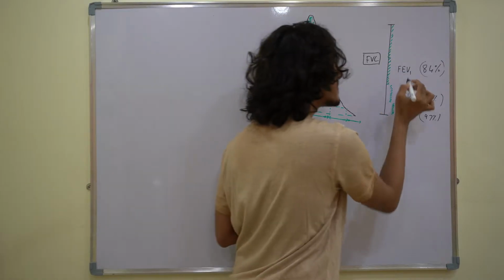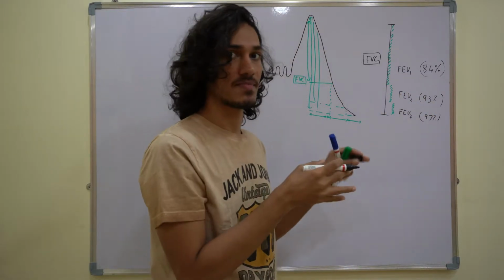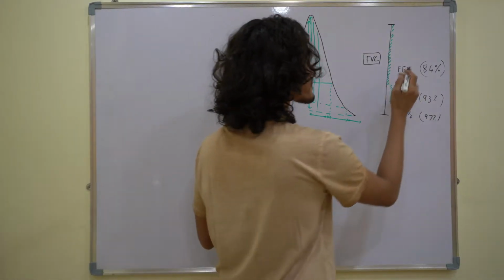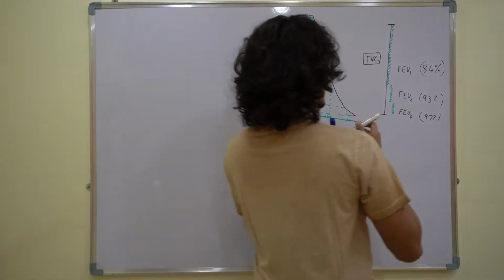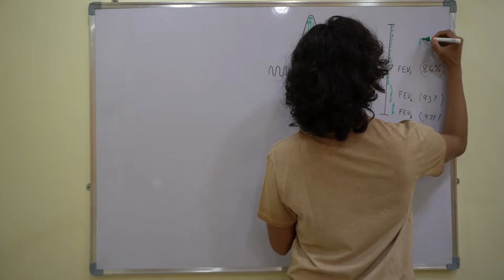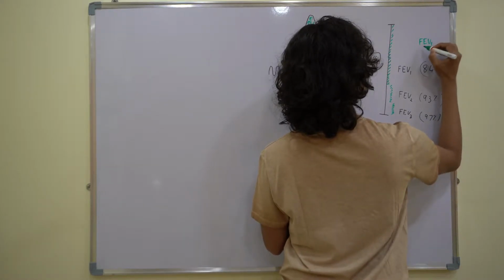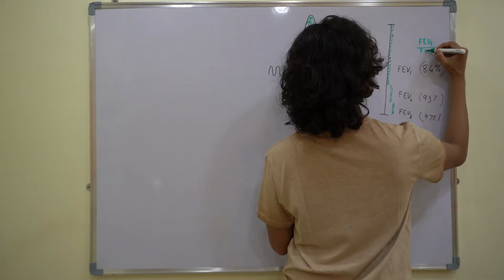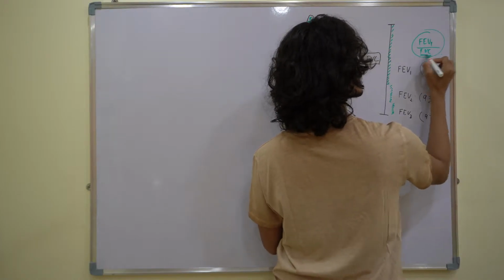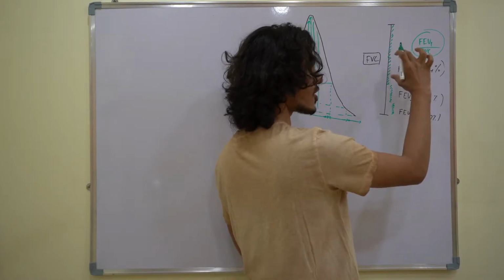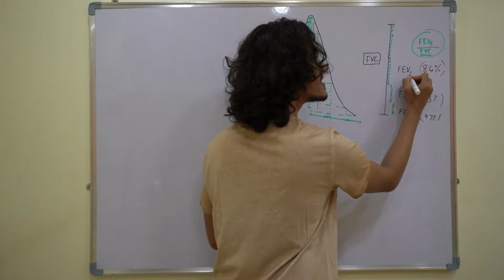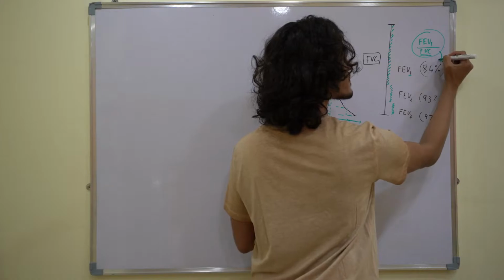So FEV1, FEV2, FEV3 are the volumes, but the percentage that you see is the FEV1 volume out of the FVC. So out of your forced vital capacity, the percentage of volume that goes in the first second is your 84%.